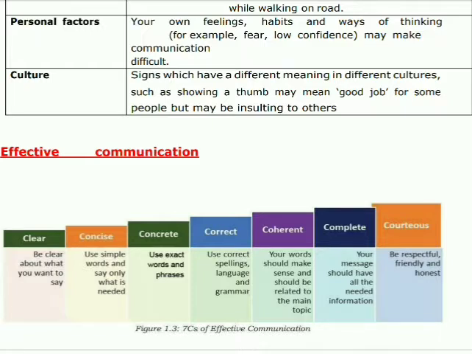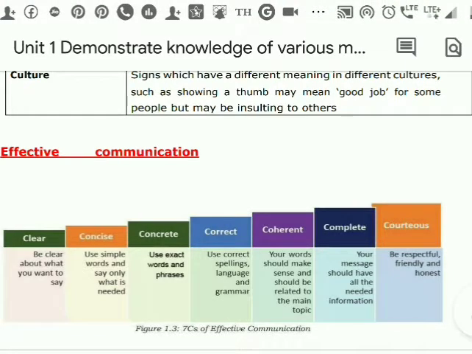Some effective ways of communication, which are very necessary for effective communication, are, first of all, we have to be clear about our thoughts. Next is concise, which means use simple words and say only what is needed.